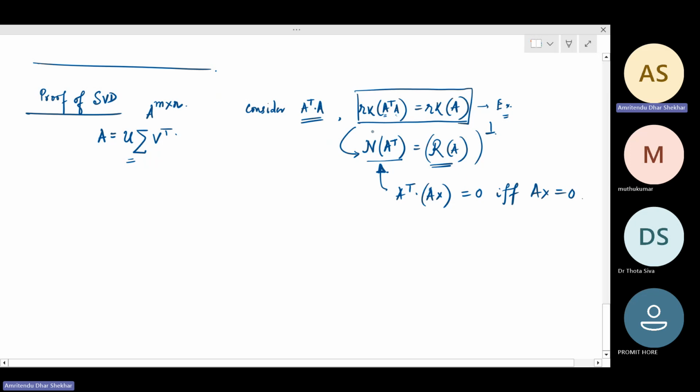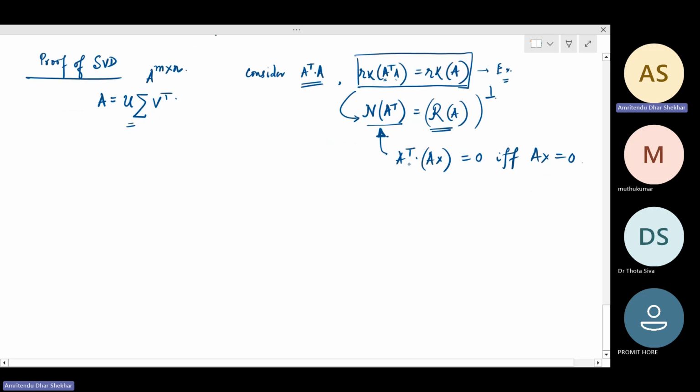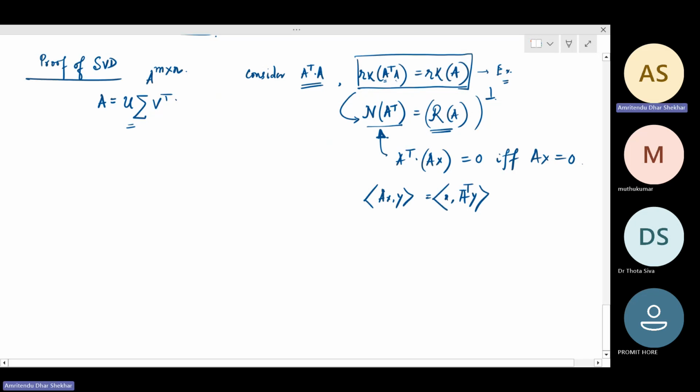So you need to prove this fact, and in order to prove it, it's useful to think of A transpose as an adjoint, and look at the adjoint relation where AX comma Y is equal to X comma A transpose Y. That's how you prove it.